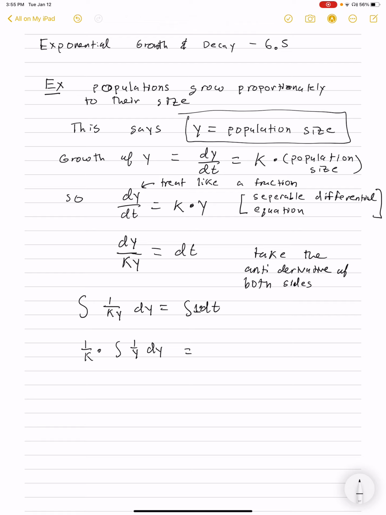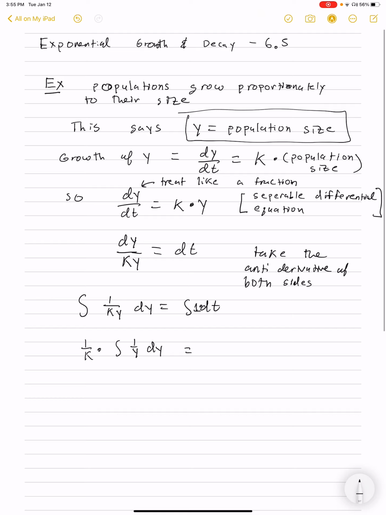The right-hand side is going to be equal to t plus a constant.